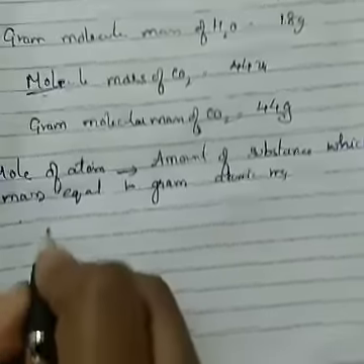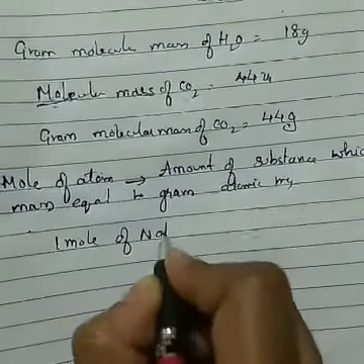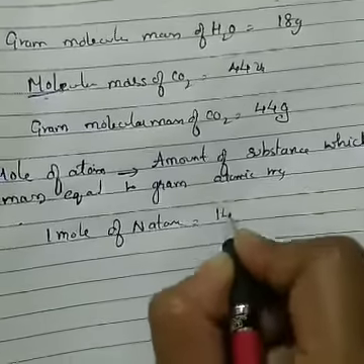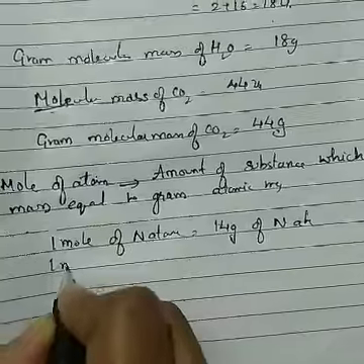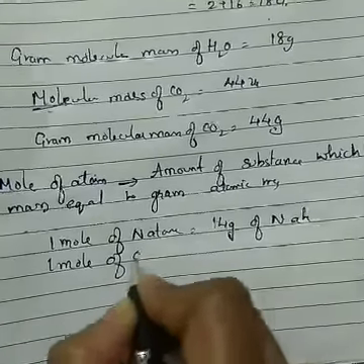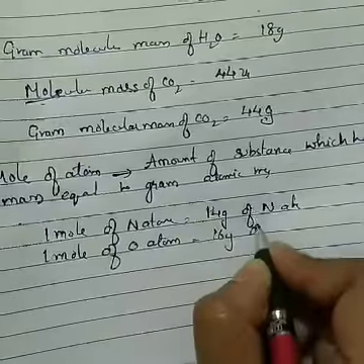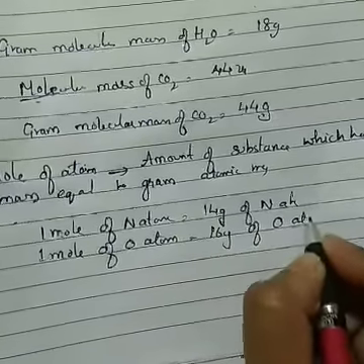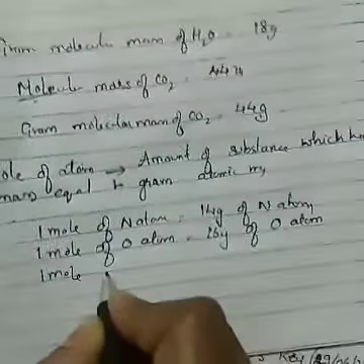See, 1 mole of nitrogen atom is equal to 14 grams of nitrogen atom. 1 mole of oxygen atom is equal to 16 grams of oxygen atom.